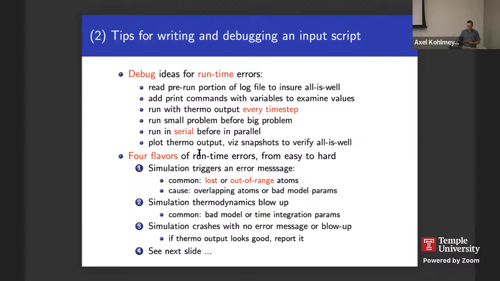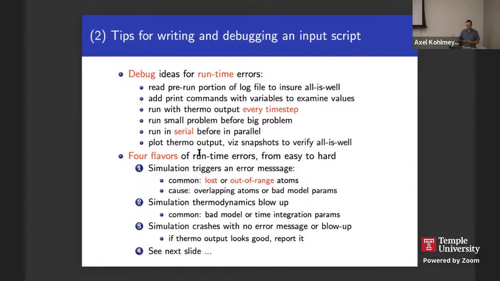A little bit harder to debug is when you see the thermodynamics blowing up, so you get ridiculously high energy or pressure, or maybe it even throws an infinity or a NaN, not a number. Again, that could be a bad model, or maybe your time step is too large, and you just need to check your time integration parameters.